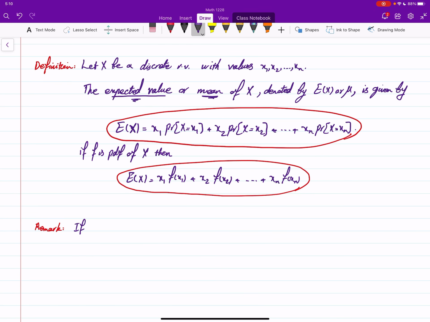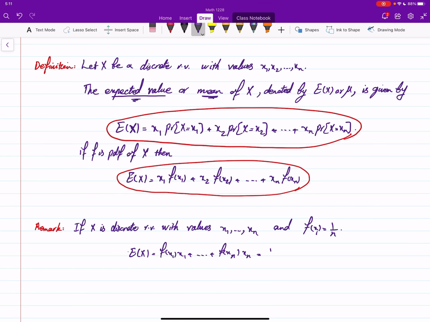If X is a discrete random variable with values, again, x1 up to xn, and the PDF of X at any of these points is 1 over n, so they are uniformly distributed, then E of X will be f of x1 times x1 up to f of xn times xn.